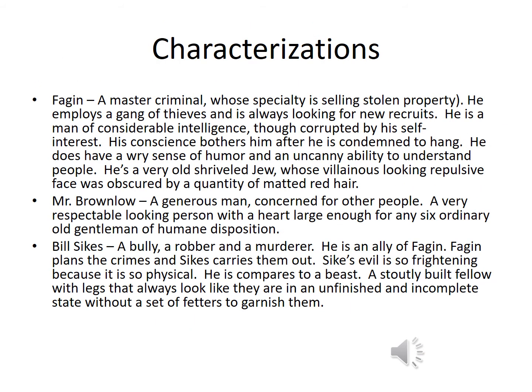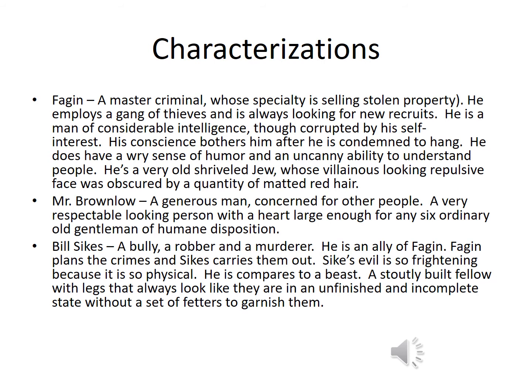Alright. Now let's have a look at other characters. So over here, the first character that we are going to talk about is Fagin. He is a master criminal whose specialty is selling stolen property. He employs a gang of thieves and is always looking for new recruits. He is a man of considerable intelligence, though corrupted by his self-interest.